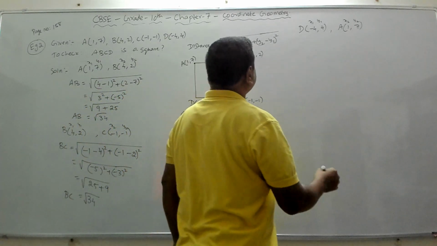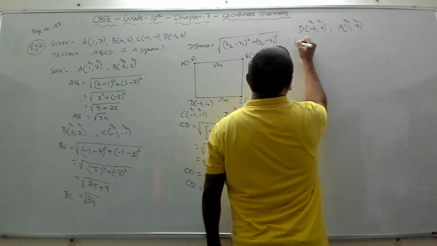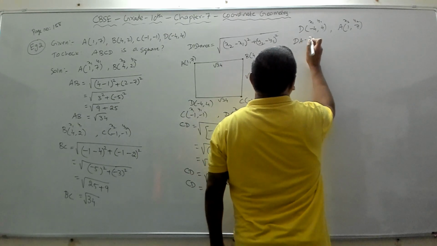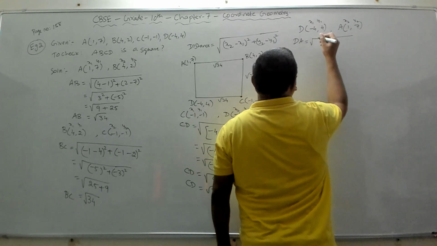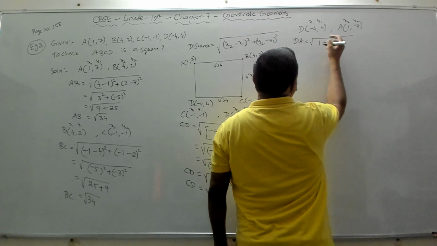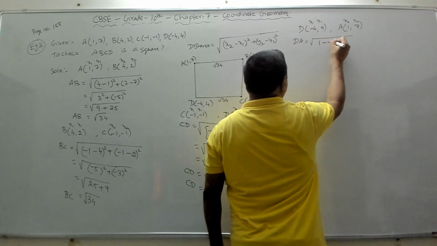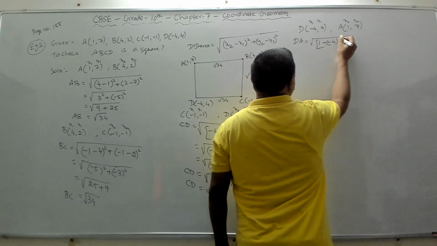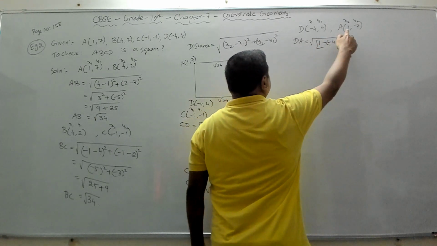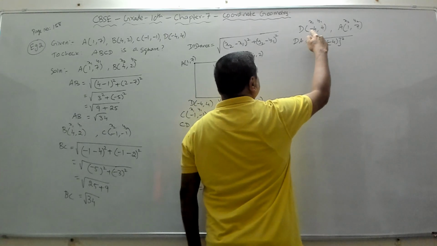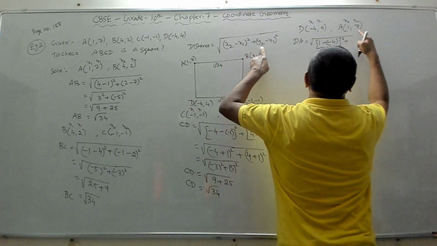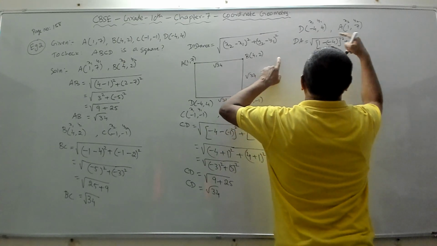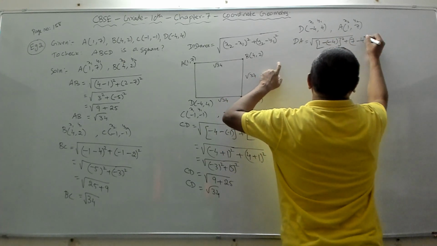Now let's try to find the distance DA. DA is equal to square root of x2 minus x1 the whole square plus y2 minus y1 the whole square. x2 is 1 minus x1 is minus 4 the whole square, plus y2 is 7 minus y1 is 4 the whole square.